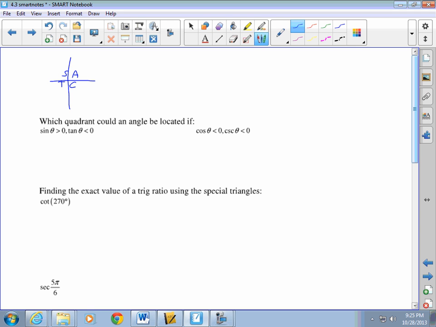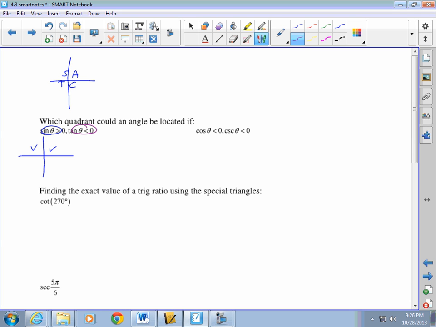So if we do our CAST rule for this one, this is saying when sine of theta is greater than 0, so sine of theta is positive. So sine is positive, according to this, in this quadrant and in this quadrant. So this is for sine. Tangent theta is less than 0, so that's where tangent is negative.